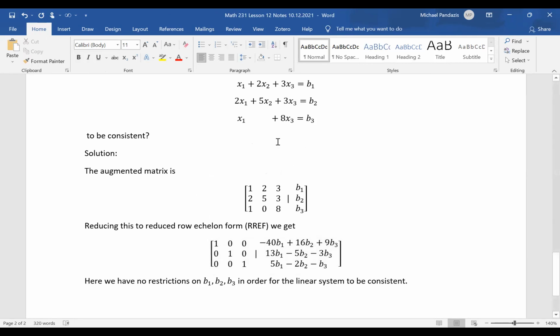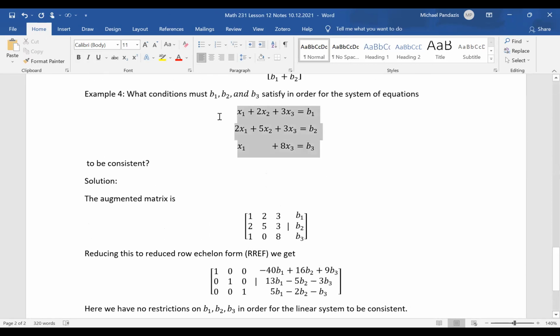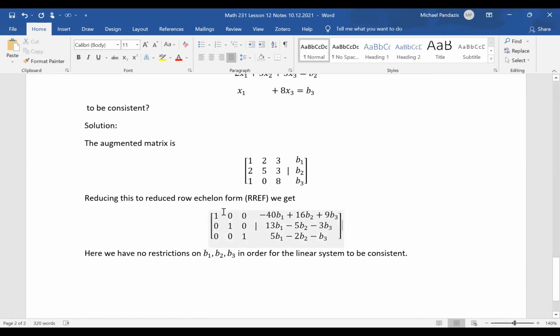That's because when we take our original augmented matrix representing this linear system and get to reduced echelon form, we see that we have the solution where x1 is equal to this expression, x2 is equal to this expression, and x3 is equal to that one. So here we have no restrictions on b1, b2, b3 in order for the linear system to be consistent. We have the unique solution.